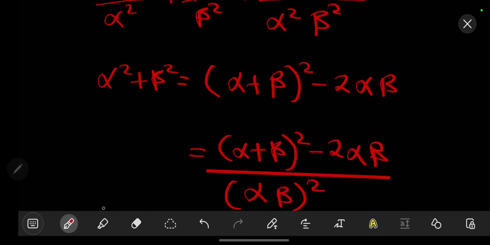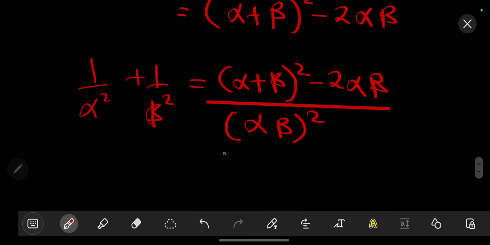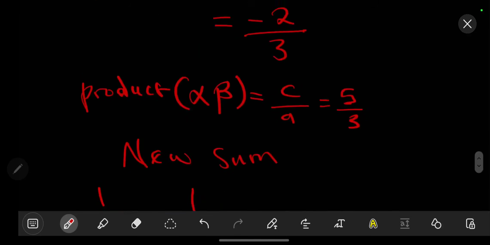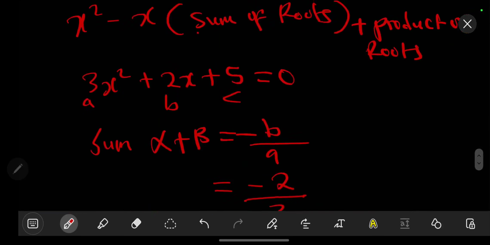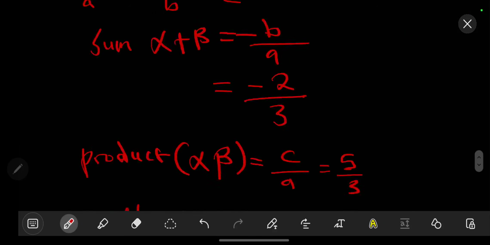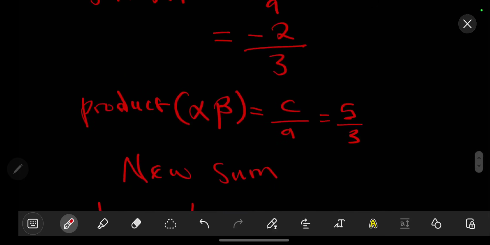The aim of this is for us to be able to just add normally our alpha plus beta. We have found the sum of the roots to be equal to negative 2 over 3. So we are going to put negative 2 over 3, then we have squared minus 2 times alpha times beta, which is equal to 5 over 3.